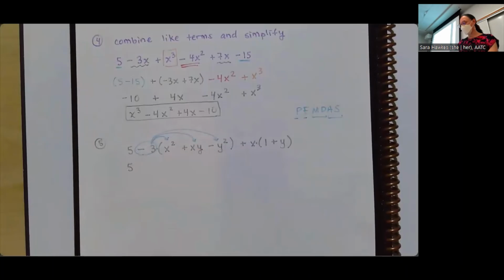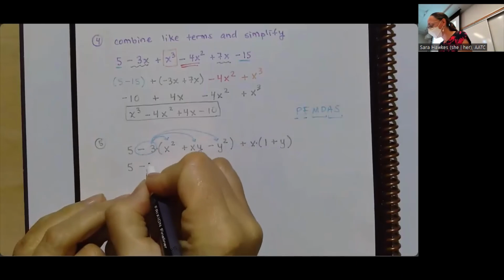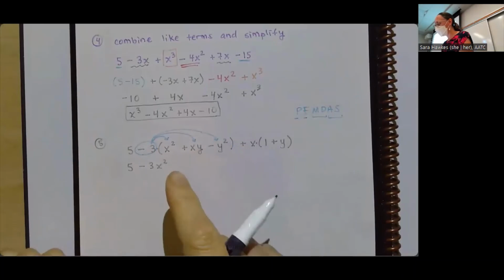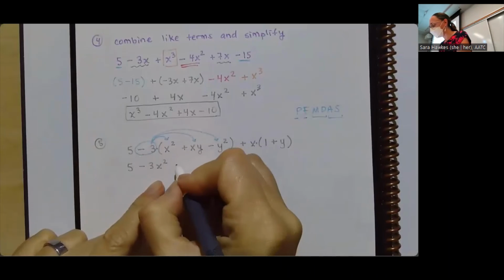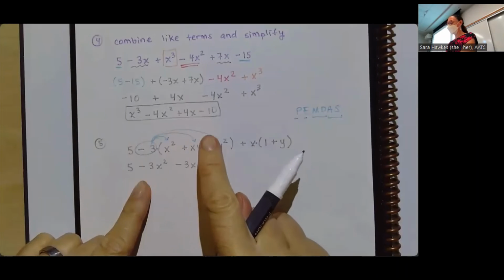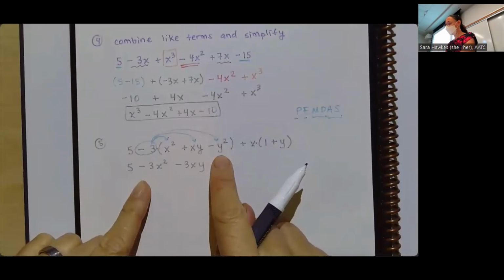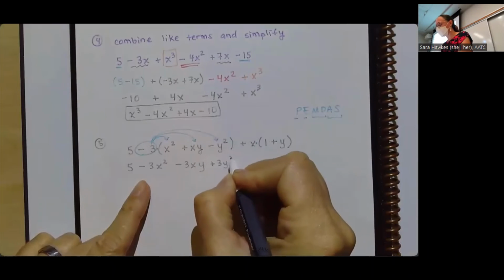So what I'm distributing in is that -3. So -3 times x squared, I'll have -3x squared. -3 times positive xy, -3xy. -3 times negative y squared would leave me with a positive 3y squared.